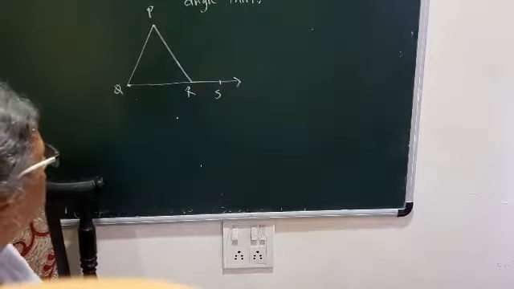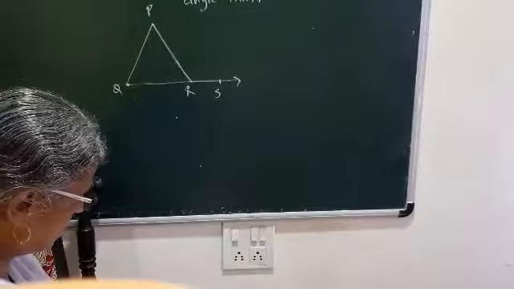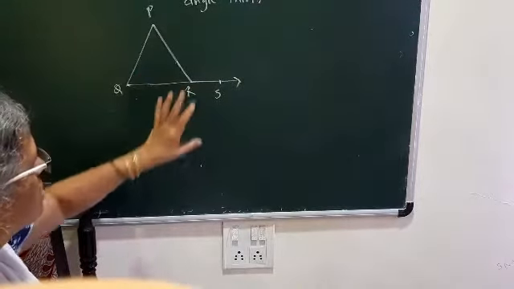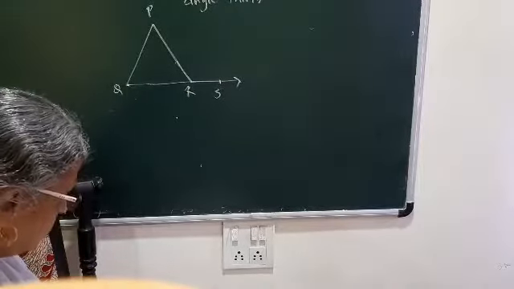So here what will be the given? Here in triangle PQR, angle PRS is an exterior angle. So that will be the given.